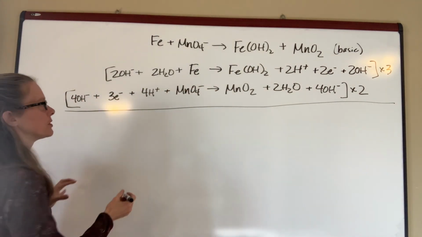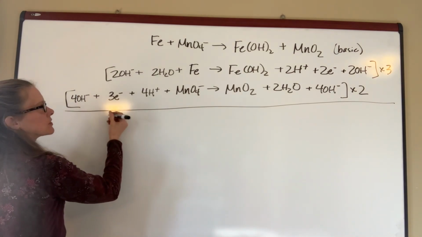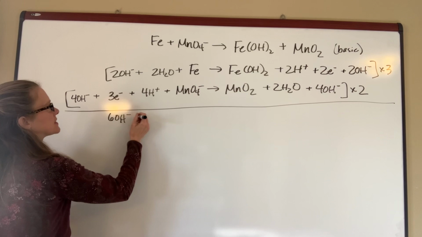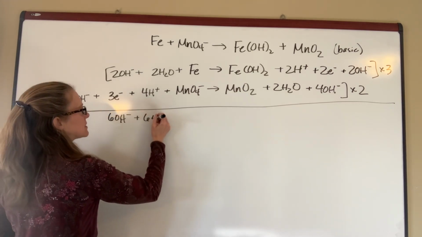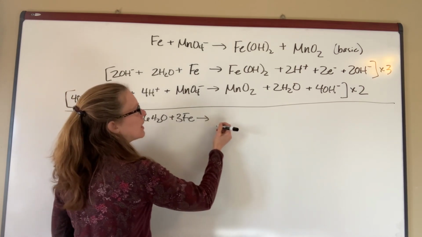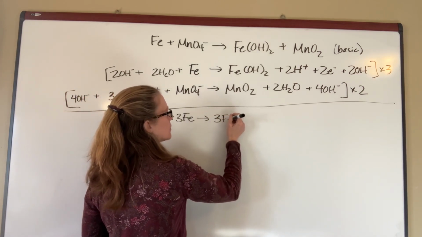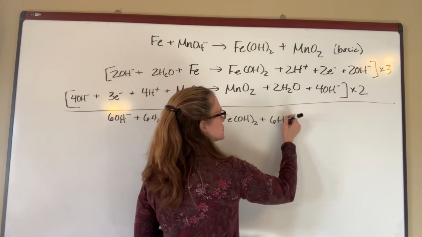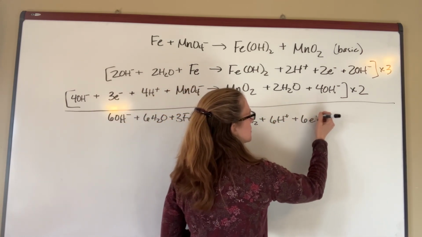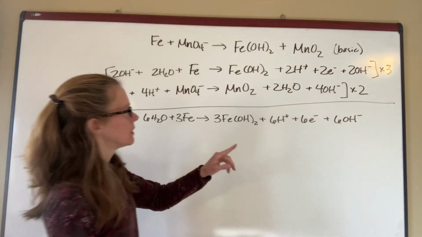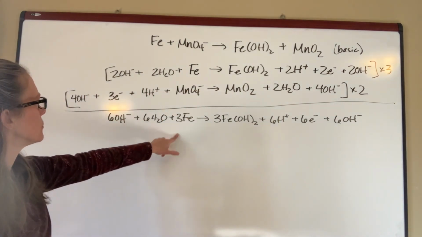Again, just watch your arithmetic and make sure that you don't make any silly mistakes. So we're multiplying the top equation by 3. So that's going to make that a 6 and a 6 and a 3. Then I'm going to have a 3 in front of the iron hydroxide. And I'm going to have 6 hydrogens and 6 electrons and 6 hydroxides. Okay? 6, 6, 6, 3, 3, 6, 6.